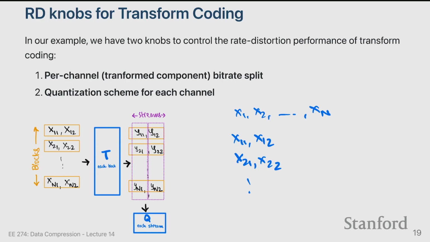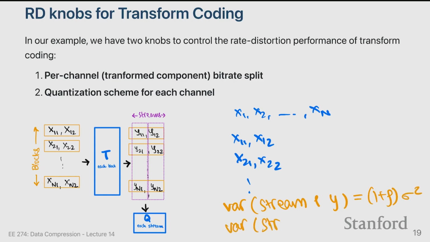For example, in our previous case, the variance of stream 1 components is going to be 1 plus rho sigma square. Similarly, the variance of stream 2 components is going to be 1 minus rho sigma square. So now I can use my water filling intuition to allocate different numbers of bits to both of these.